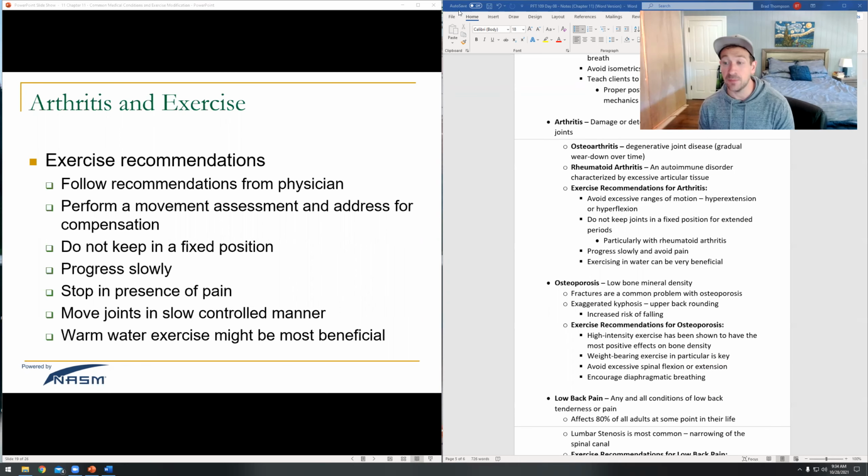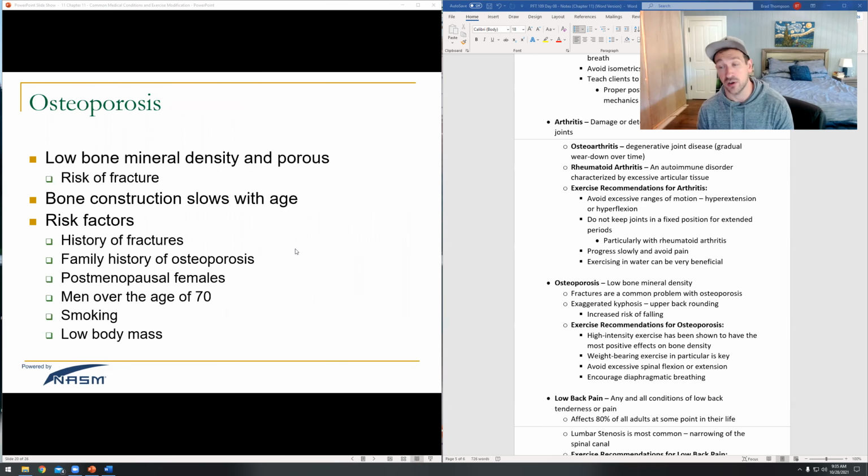Don't keep the joints in a fixed position for extended periods of time. We do want to avoid isometrics with clients who have arthritis, particularly rheumatoid arthritis, because that often causes more inflammation. Exercising in water can be very helpful, because aquatic aerobics takes all of the pressure off their joints, which feels really good.